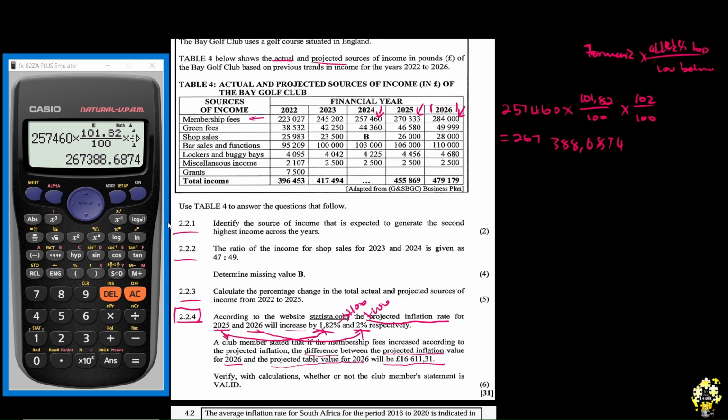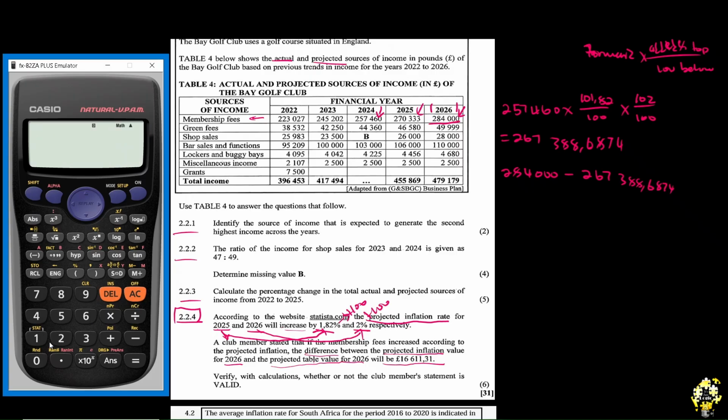Always when you hear difference in mathematical literacy, just think subtract. Therefore, you will take the bigger value, which is the value for 2026 membership fees, 284, subtract 267,388.6874.